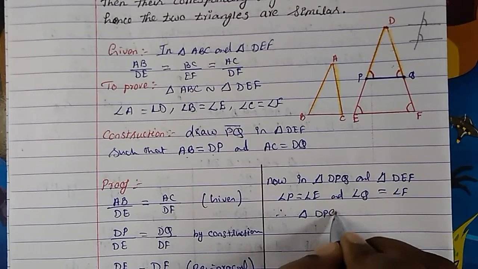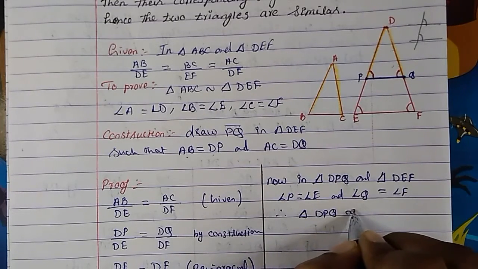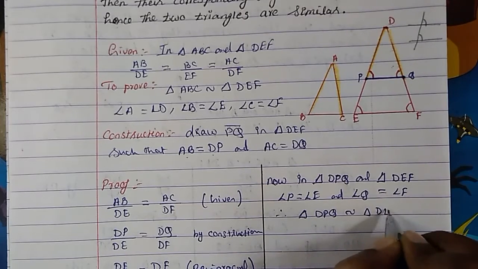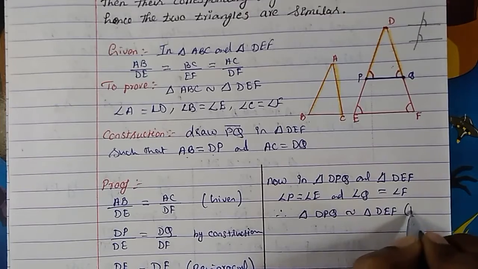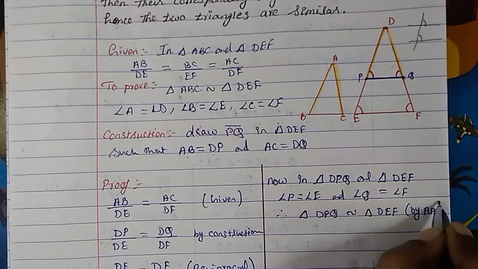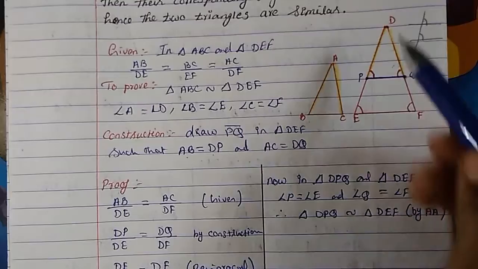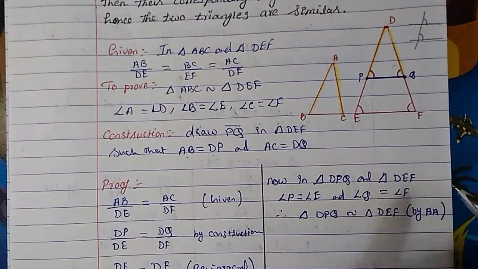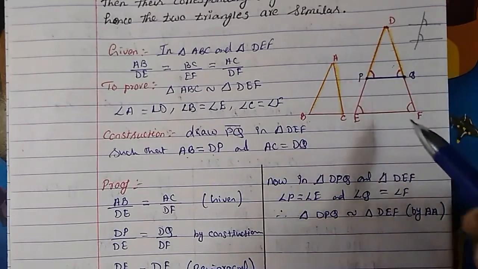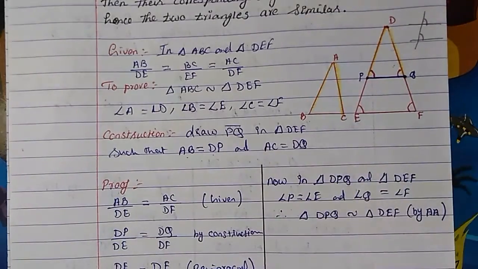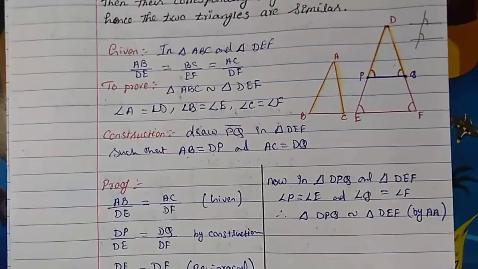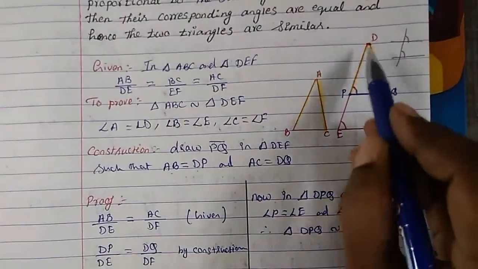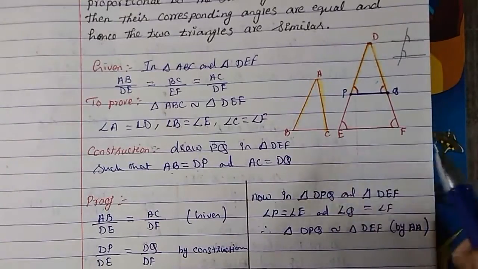Triangle DPQ is similar to triangle DEF by angle criteria. If they are similar, then the ratios are also similar.